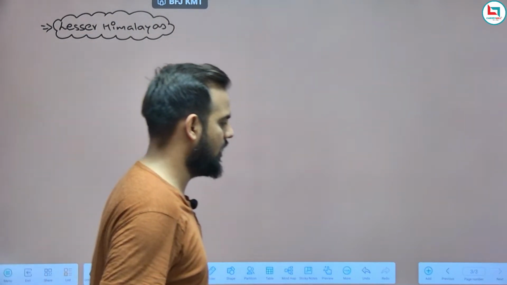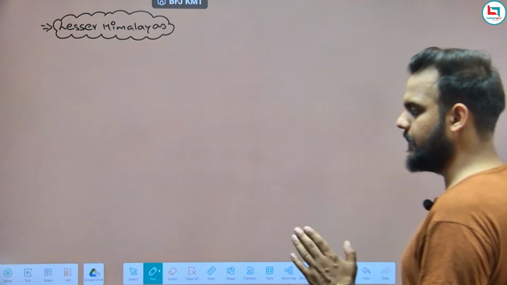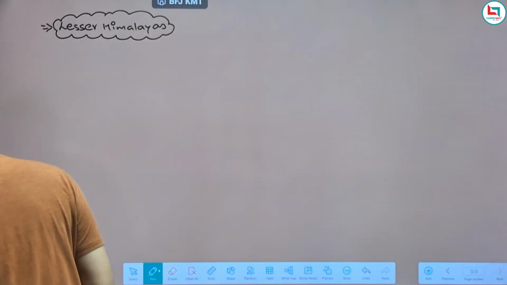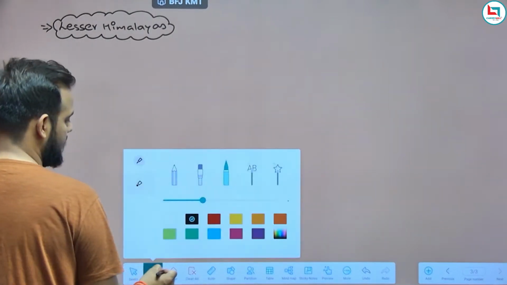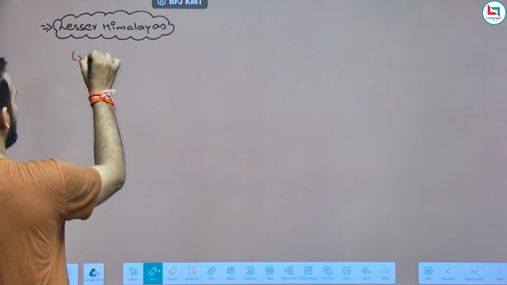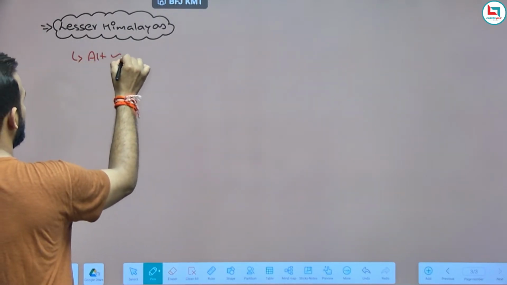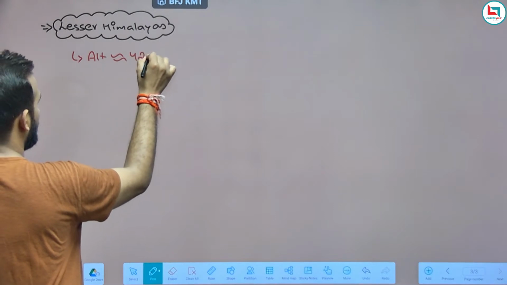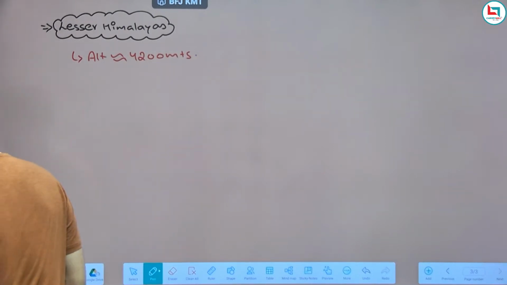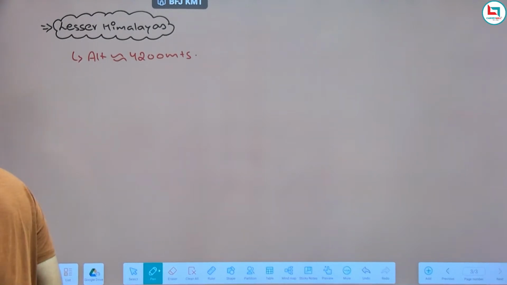Now, guys, when we talk about the lesser Himalayas, remember one thing. The altitude of these lesser Himalayas is around 4,200 meters. They are completely sedimentary.